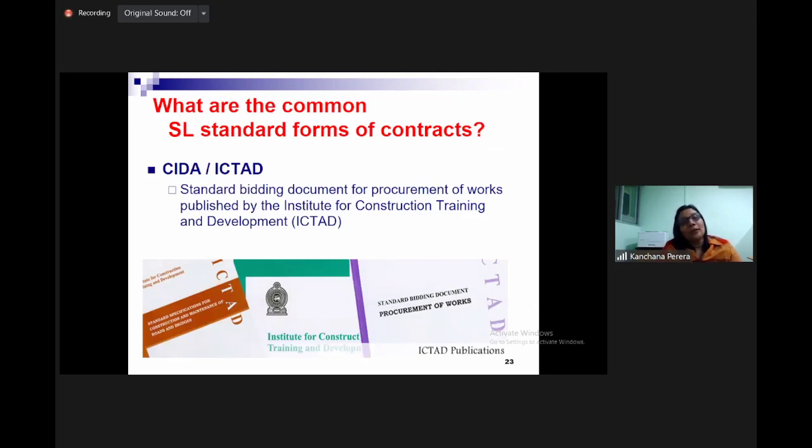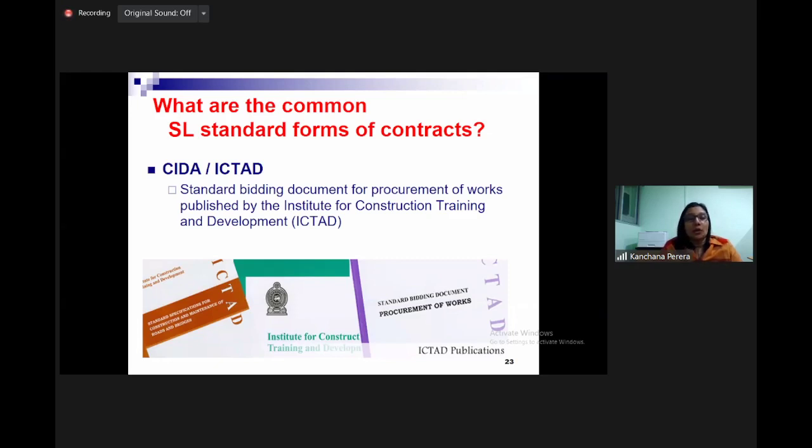What are the common SL, Sri Lanka, standard forms of contracts? We have ICTAD SBD documents, as you all know, SIDA or ICTAD SBD documents.